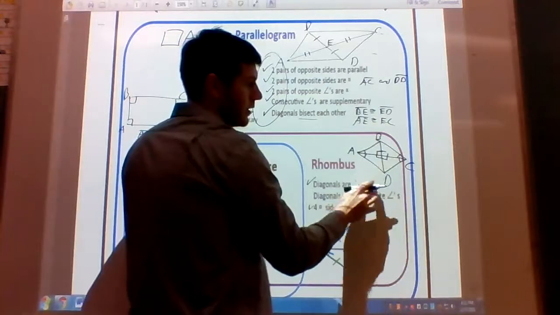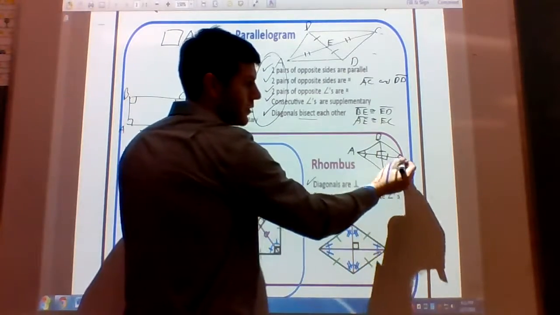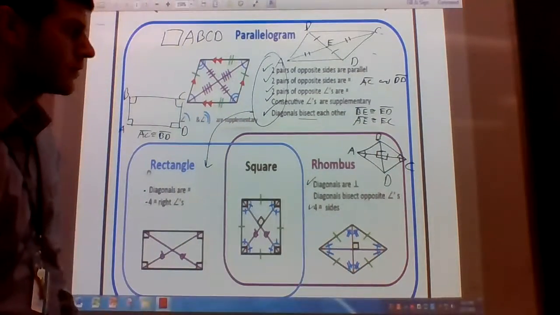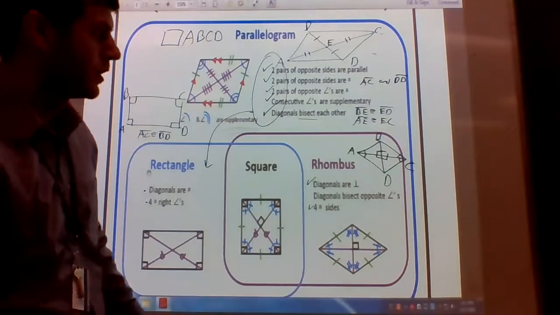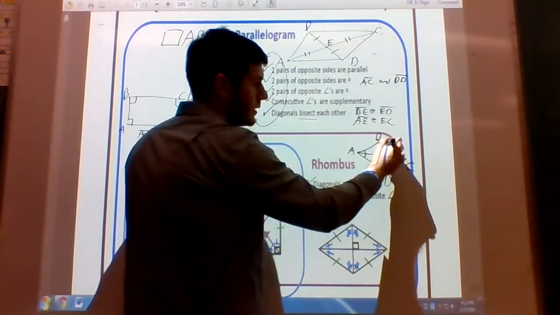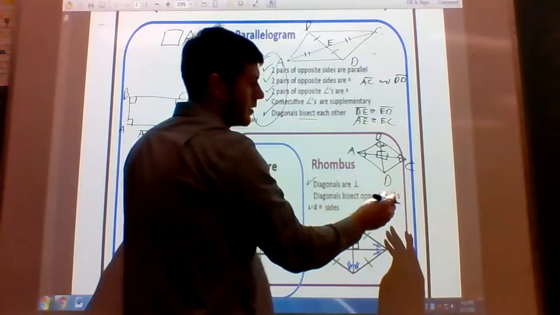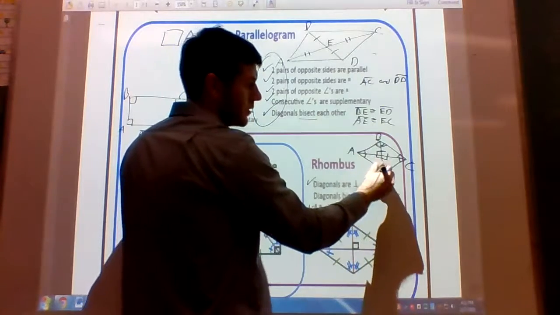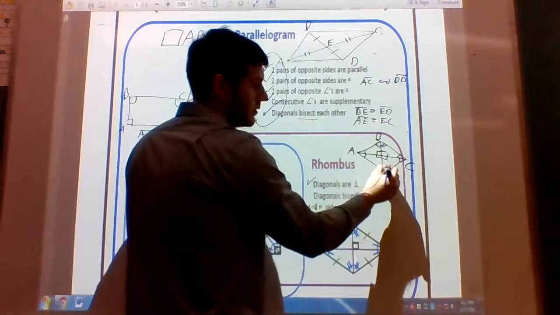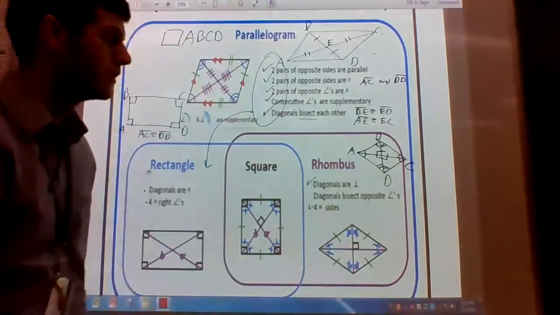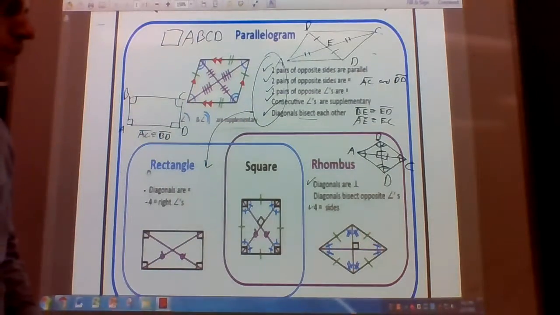Angle BCA and angle DCA are congruent. And then we also know angle CBD and angle ABD are congruent, along with angle ADB and angle CDB. So they bisect, they split the angles in half.